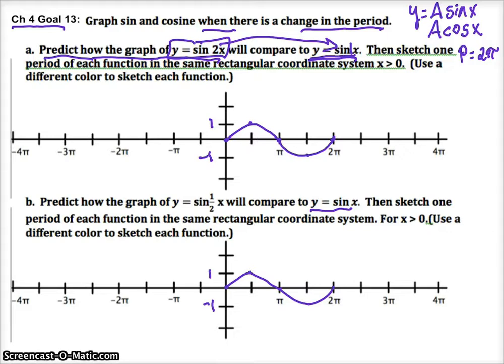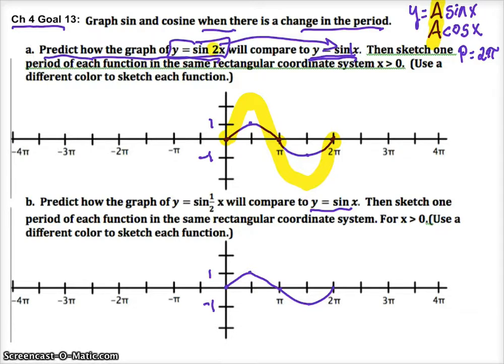Okay, here are some of the graphs that I sometimes see when I ask students to compare. Sometimes I see students change the amplitude and sketch something like this. You learned last time that the coefficient of sine and cosine affects the vertical max and the vertical min.